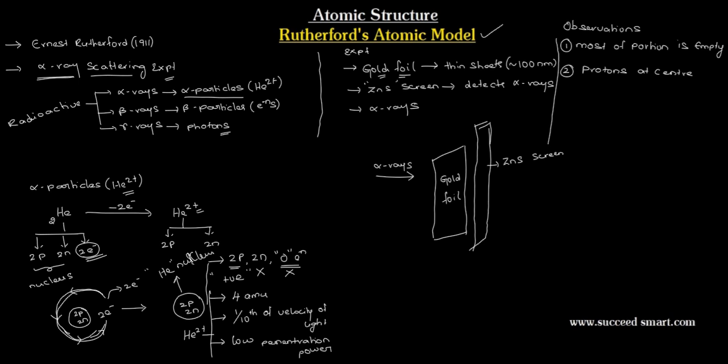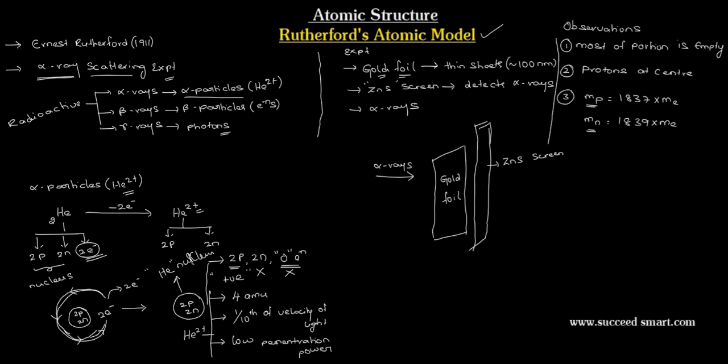Coming to the third observation, we know that the mass of a proton is 1837 times the mass of an electron, and the mass of a neutron is 1839 times the mass of an electron. Therefore, these protons and neutrons are present at the center. So we can say the total weight of the atom is concentrated at the center, known as the nucleus.